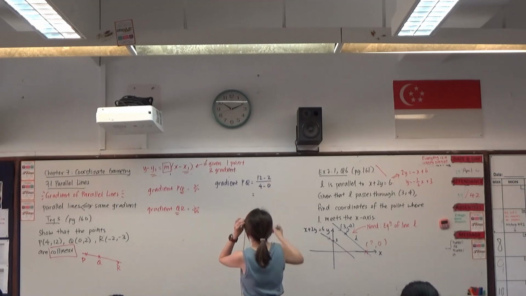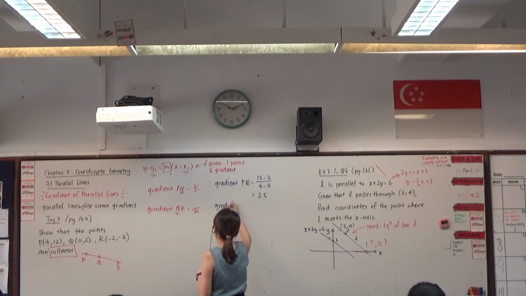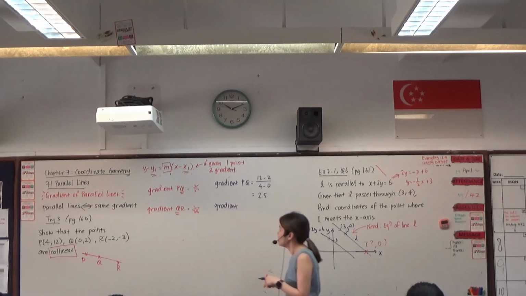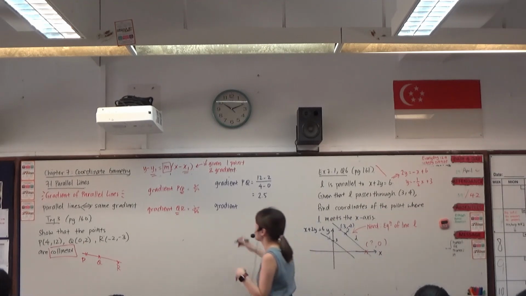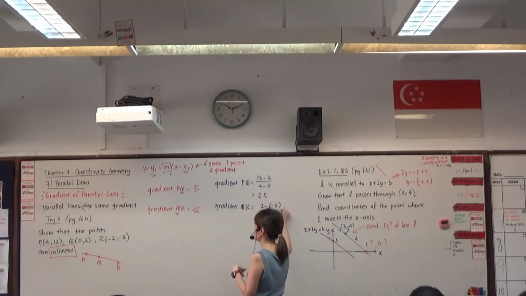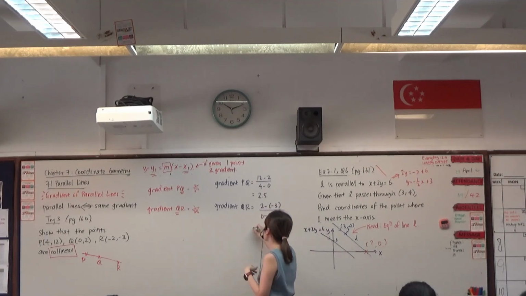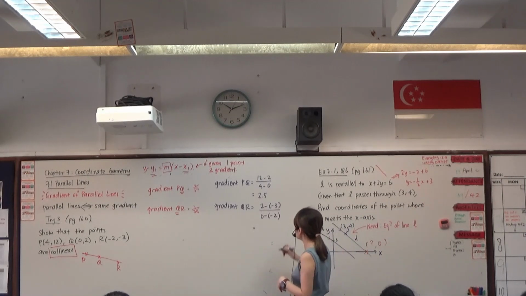That will be 10 divided by 4, which is 2.5. Then you just choose another line segment. Maybe we choose QR. So 2 minus negative 3 divided by 2, so we will get 2.5 as well.